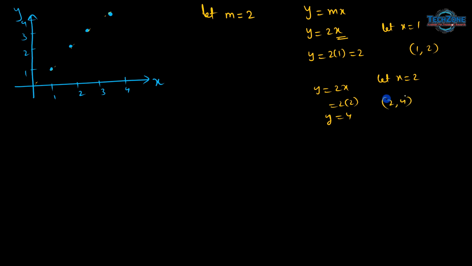So (2, 4). These 2 points are enough for us to draw a straight line, right? So let us plot this. (1, 2) is here and (2, 4) is here. And it is passing through the origin. So this will be our predicted line, which is y is equal to 2x.